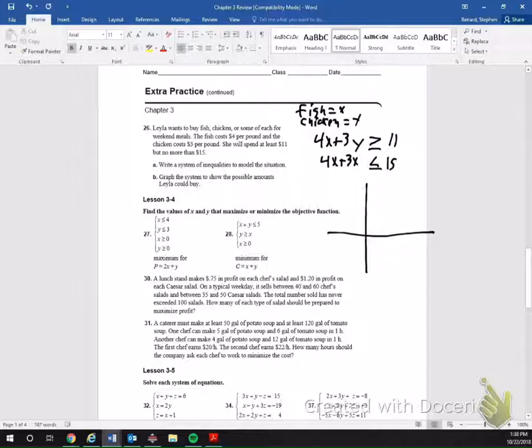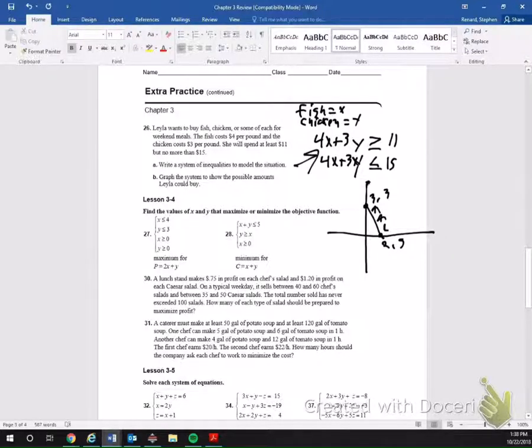So what we want to do is graph these just really quickly. So that's my system of inequalities. Graph the system to show the possible amounts. For 4x plus 3y is greater than 11, I'm going to put in my intercepts at 3, 3, and 2, 5. And that's the minimum I'll spend.